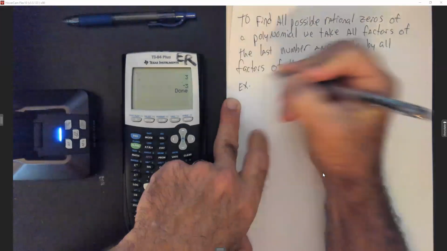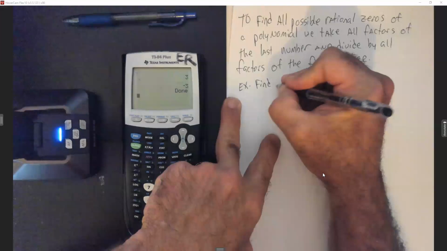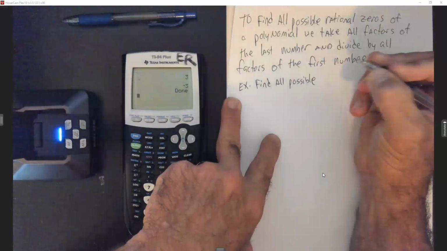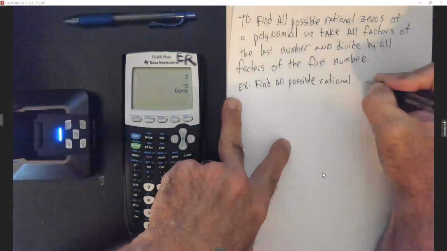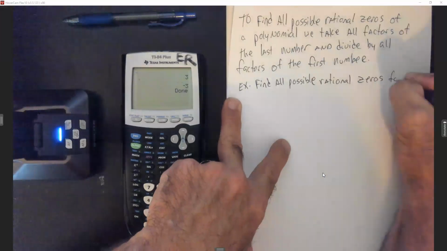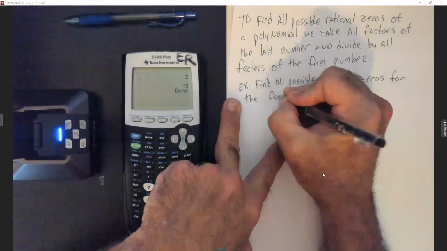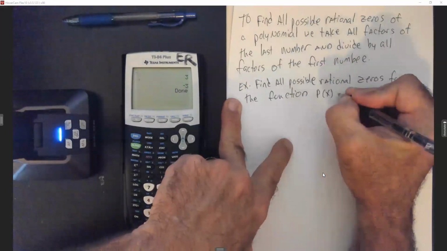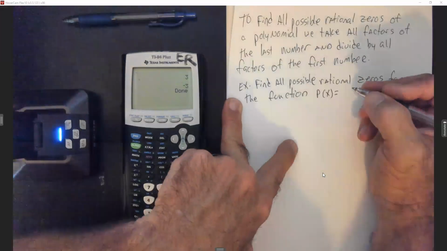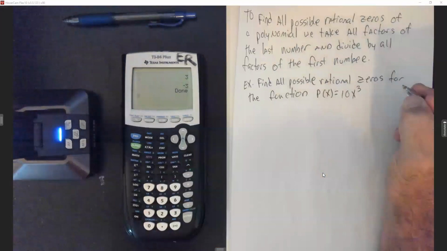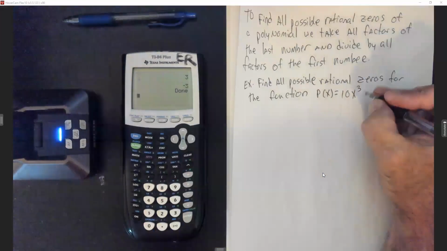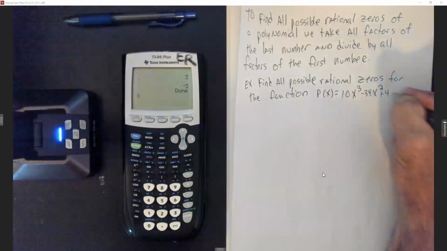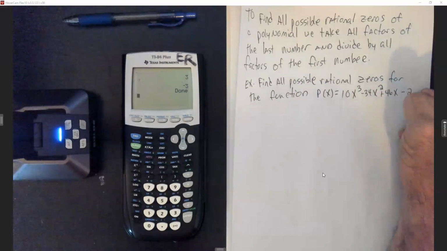So in this example, we're going to find all possible rational zeros for the function p of x equals, let's see, 10x to the third minus 34x squared plus 46x minus 21.